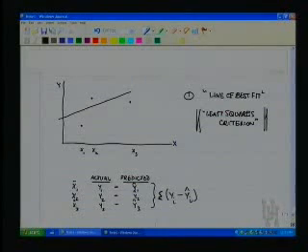And the least squares criterion requires that you minimize the sum of yi minus y hat i squared.